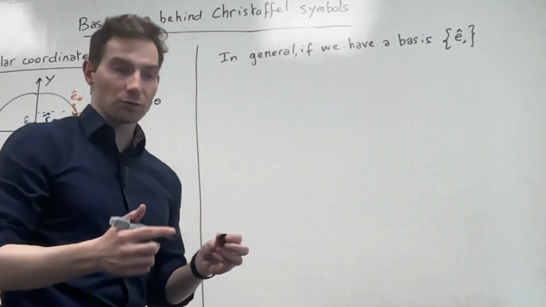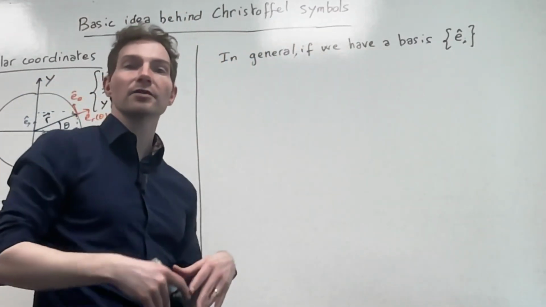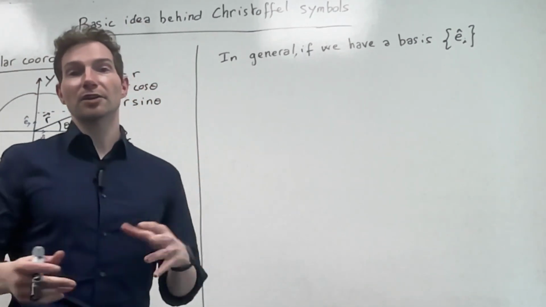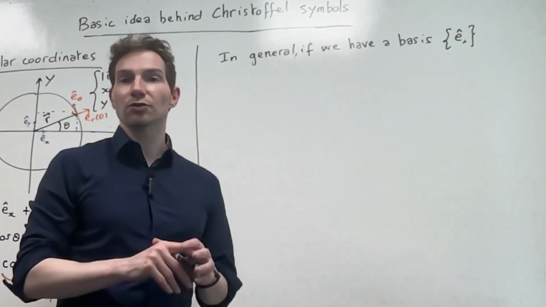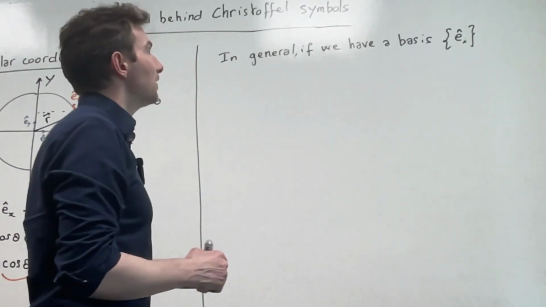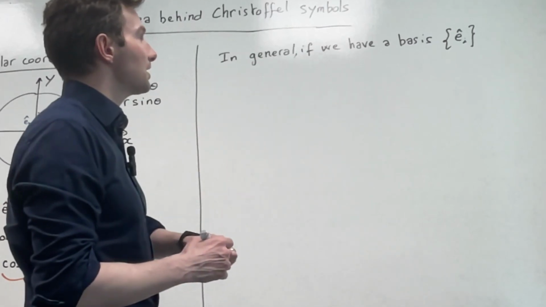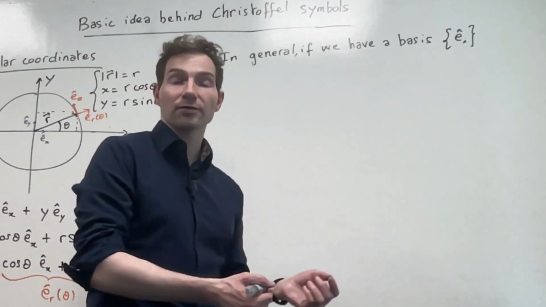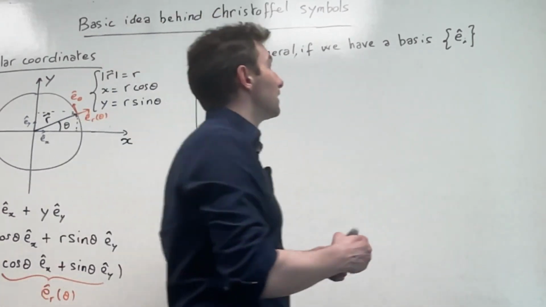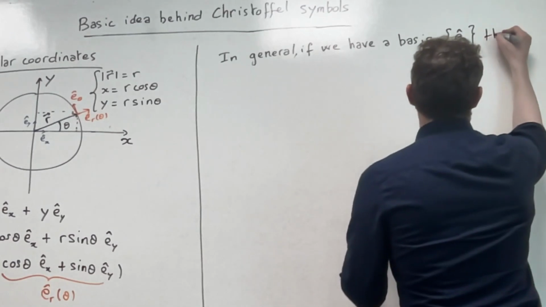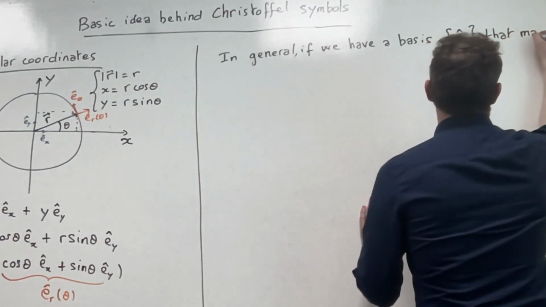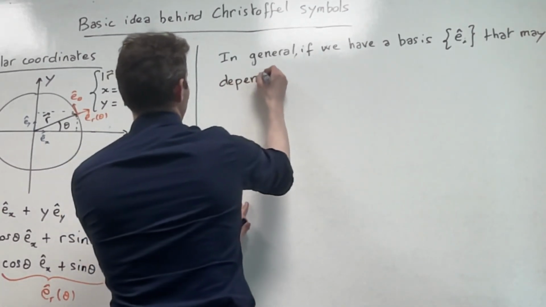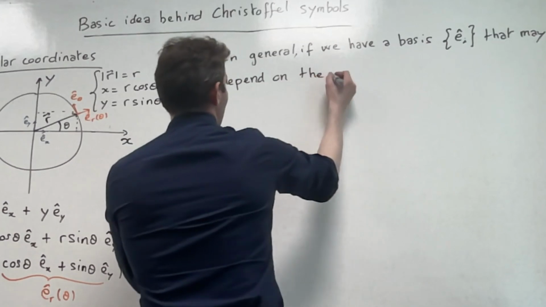And then I is going to range over the number of coordinates you have. Maybe I can be replaced by the names of the coordinates, depending on what formalism you want to use. That's not really a big issue here. So in general, if we have a basis EI, that a priori is going to depend itself on the coordinates of the system, that may depend on the coordinates.